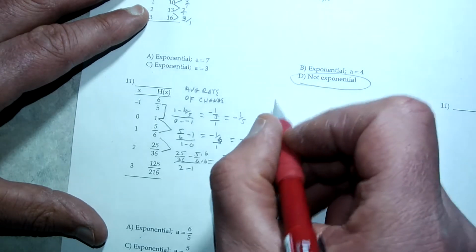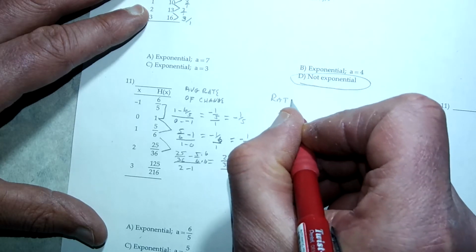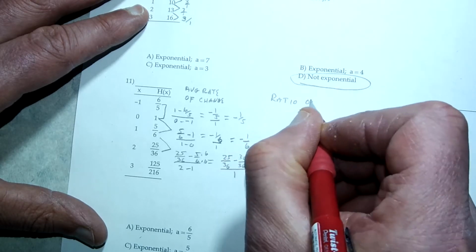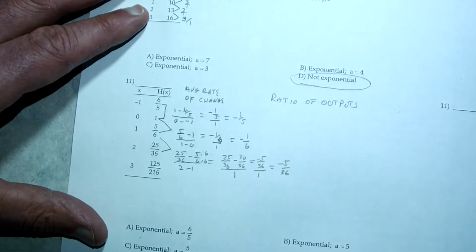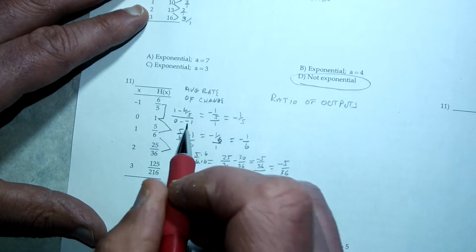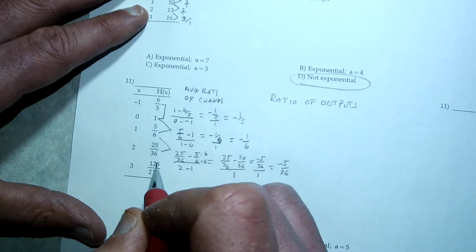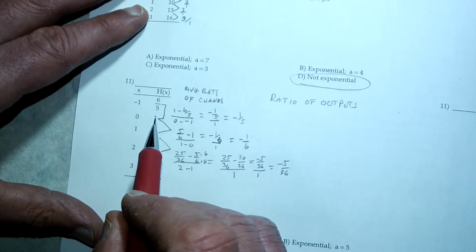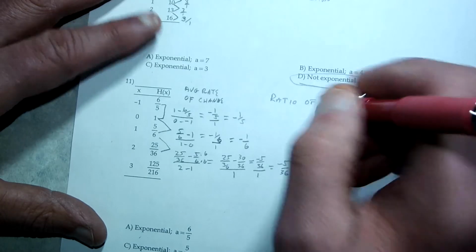It is called the ratio of outputs. So let's look at the ratio of outputs, right? So here are our outputs. And let's take a look at the ratio of consecutive outputs here.